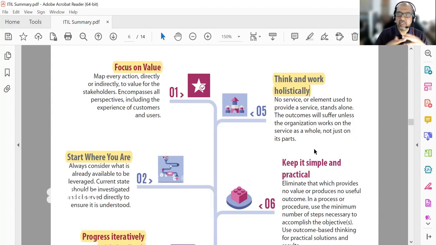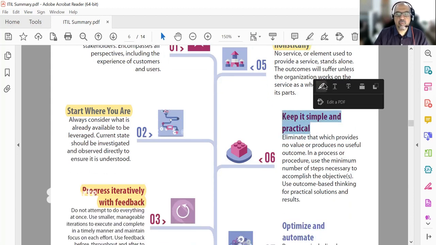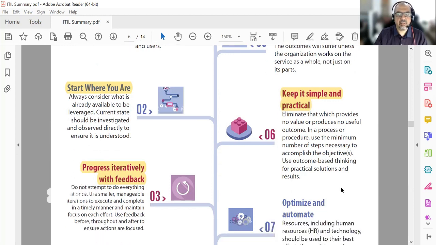So we will think and work holistically across the organization and with other organizations like partners, suppliers, vendors. We will keep it simple and practical. So we simplify things. So we will need to eliminate whatever is not needed. Anything with no value, we get rid of.